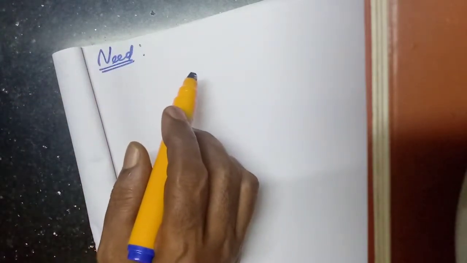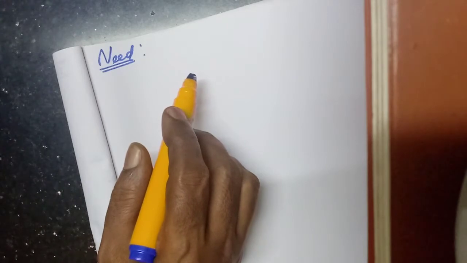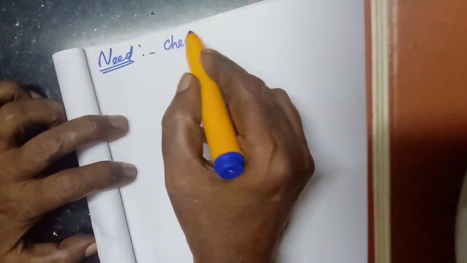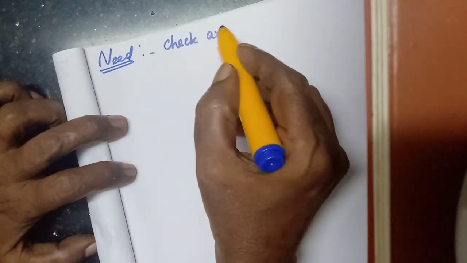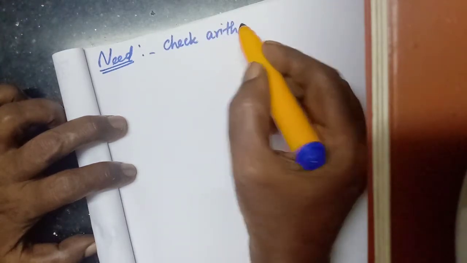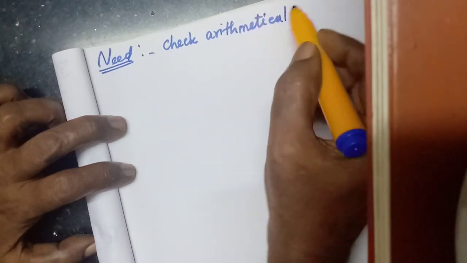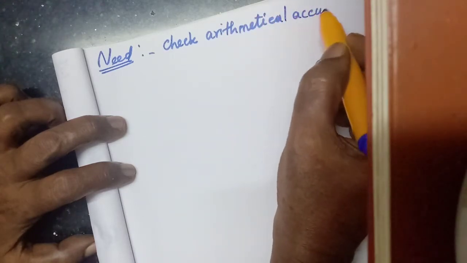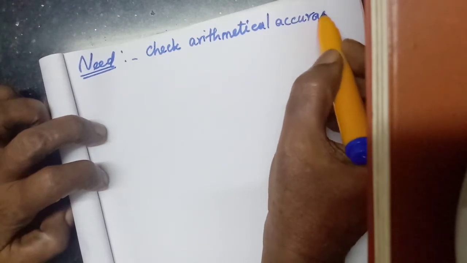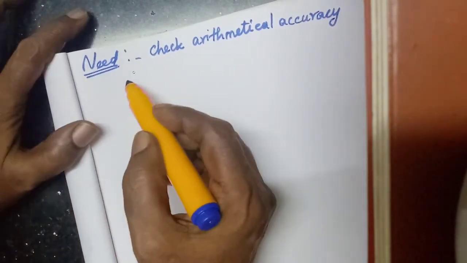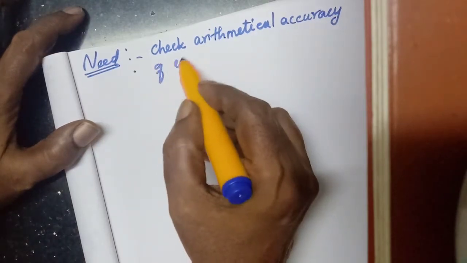What is the purpose? Why do we need to prepare it? The main aim is to check the arithmetical accuracy of entries made in the books of accounts.